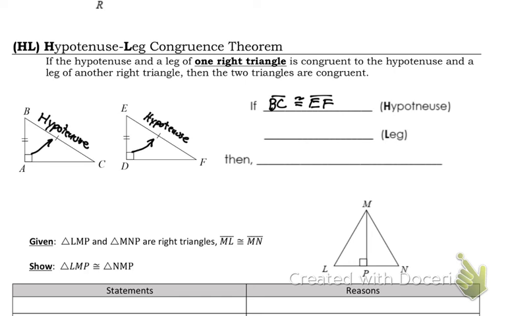and we have a leg, so that could either be BA and ED or it could be AC and DF. You just need another side. In this case, AB is congruent to, looks like DE. Then our two triangles are congruent.